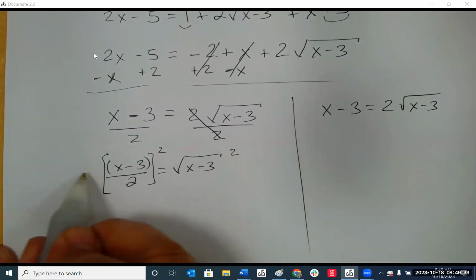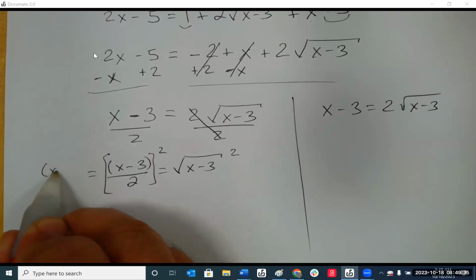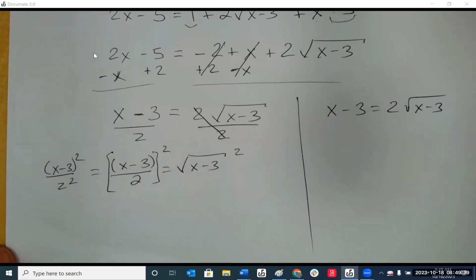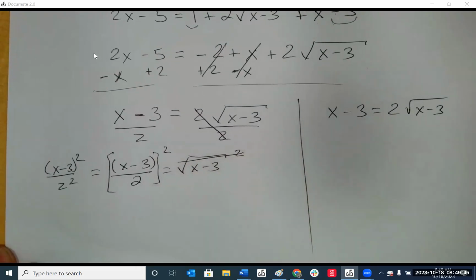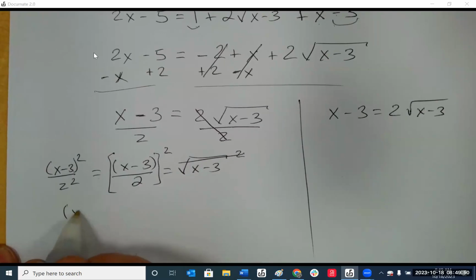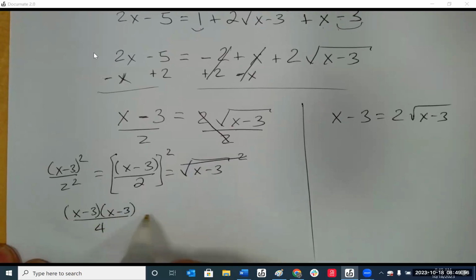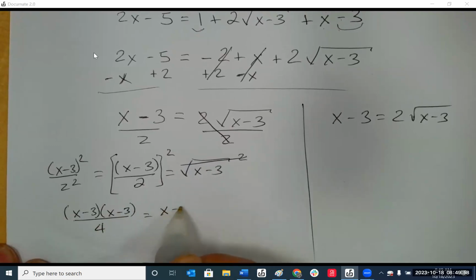Which means I have x minus 3 squared over 2 squared. And on the right-hand side, those cancel. X minus 3 times x minus 3 over 4 equals x minus 3.